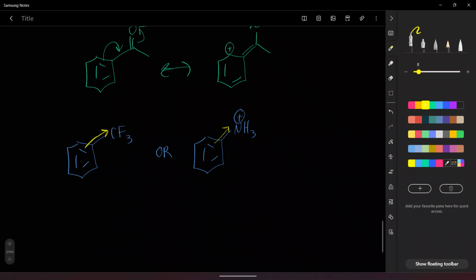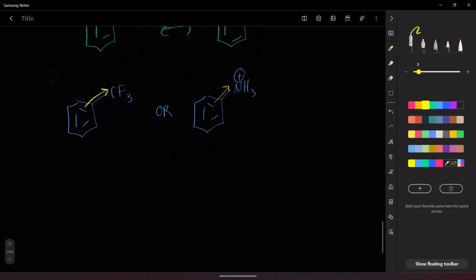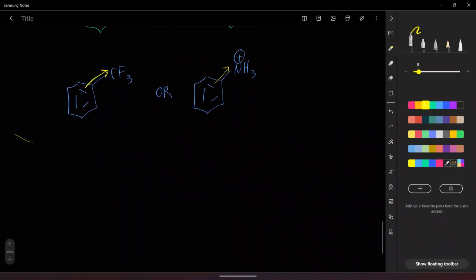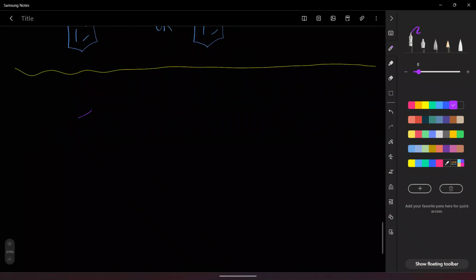Alright, so once again, we should be able to rationalize why electron withdrawing groups are metadirectors. And again, we can do that by looking at the actual resonance structures. So if I have benzene, we already did the first resonance structure of this.